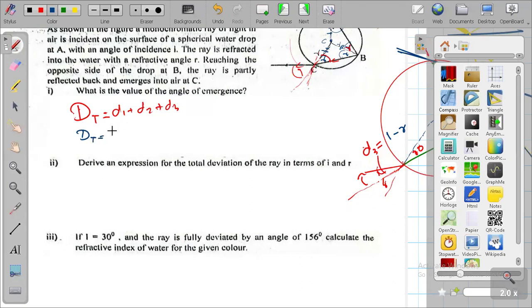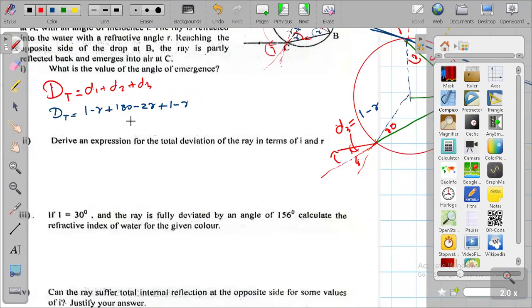So the total deviation is I minus R plus 180 minus 2R plus I minus R. Let's collect the terms. We get 180 plus 2I minus R, minus 2R, minus R, which is minus 4R.